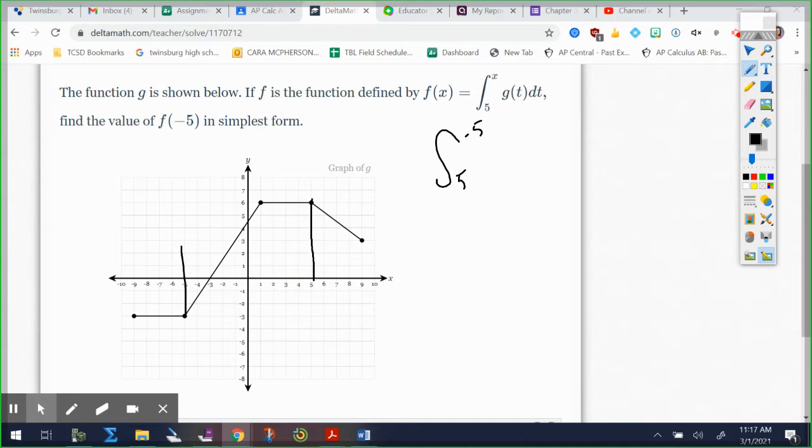You are going to have to use some geometry knowledge to find area under a curve. So 1/2 base times height. Looks like my base is 2 and my height is 3, so I get 3. Now keep in mind it's negative because of where it's located. And then I have a trapezoid, or if you want to split it up into a rectangle and a triangle, that's totally fine. I don't care how you break it down. The rectangle is the easier one.